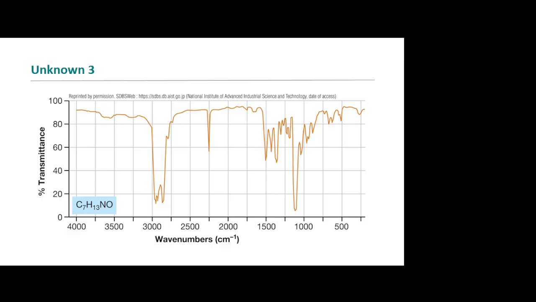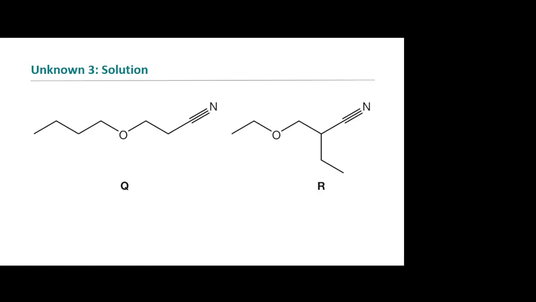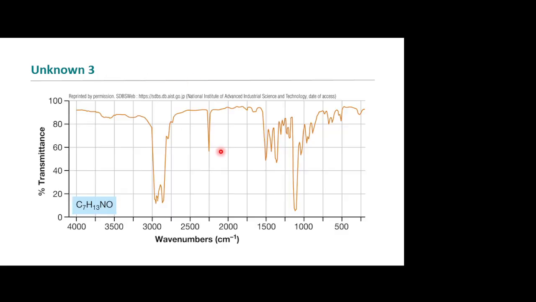Some of the possible outcomes would look like this right here. So something like that. You have a nitrile, you have a carbon chain, and it needs to have an oxygen in the chain somewhere. Why can't it be aromatic, since the frequency?